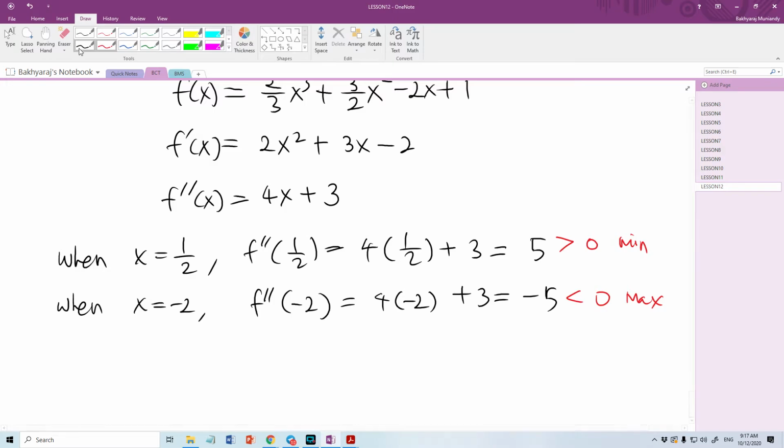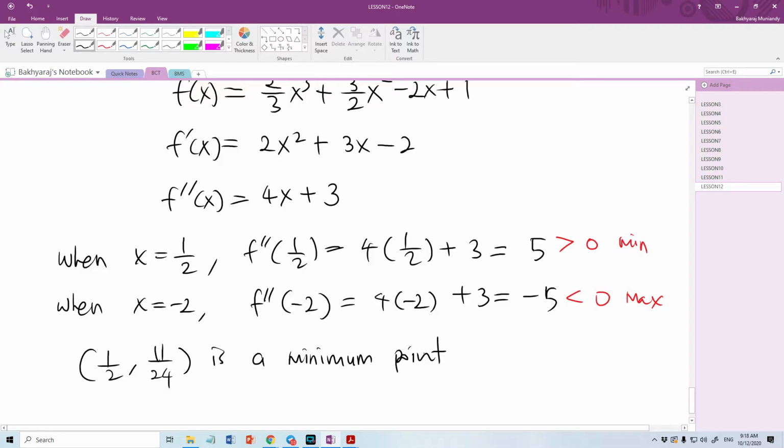So we get 1 over 2, comma 11 over 24 is a minimum point. Okay, number 2, negative 2 and what is the second answer? 17 over 3. Yeah, you're right. Negative 2, 17 over 3 is a maximum point.